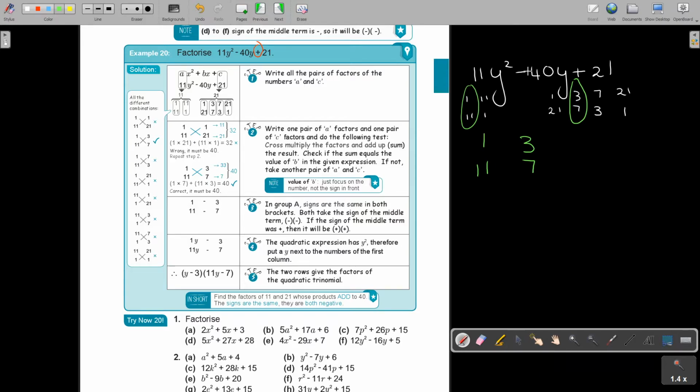Oh, and it's an excellent one because look, the signs are the same. But the signs are both negative because there is a negative. And now because it's y squared y, I write a y there, a y. And my two brackets will be y minus 3, 11 y minus 7. And how can I test it?